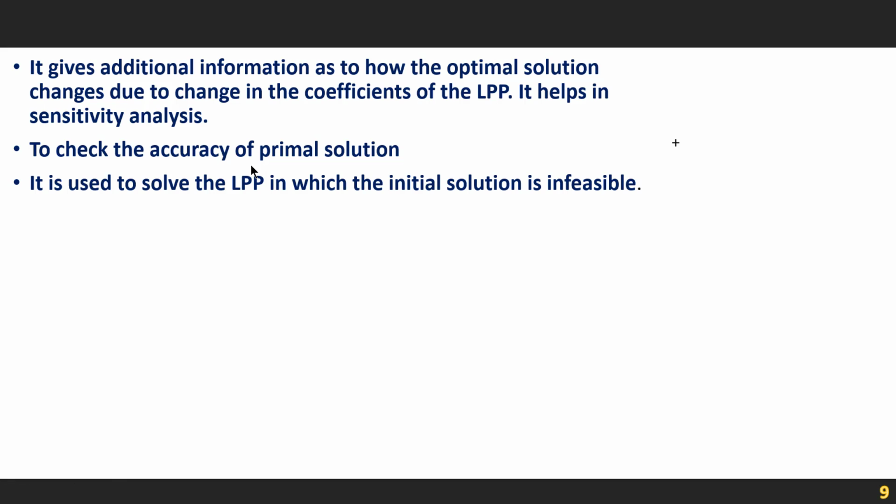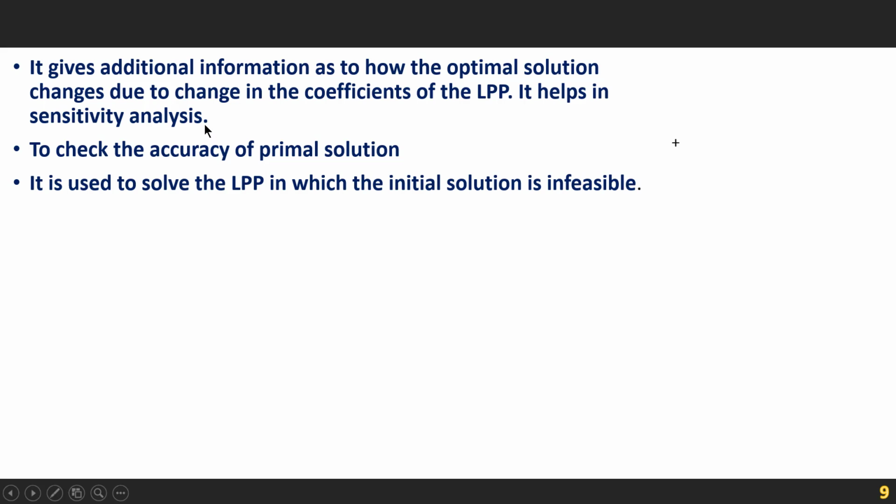There are some other benefits also, because the dual gives additional information about the optimal solution, about how the optimal solution changes when some parameters in the LPP are changed. So that is going to help in sensitivity analysis.